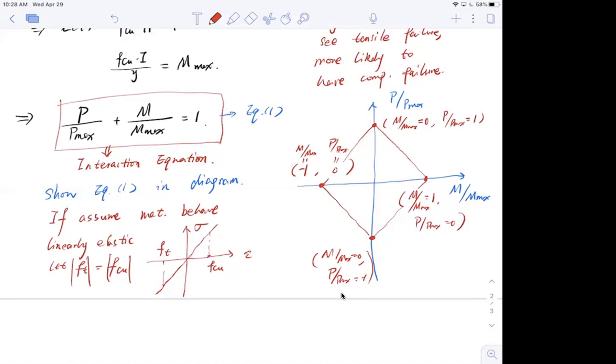Inside this region, I'm gonna do a shaded area. Inside this region, equation 1 is smaller than or equal to 1. So the dots inside this region mean the equation is smaller than or equal to 1.